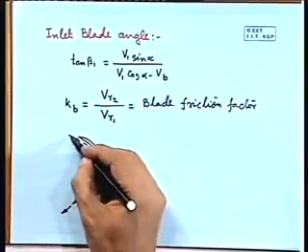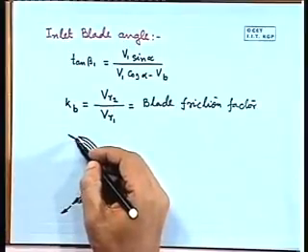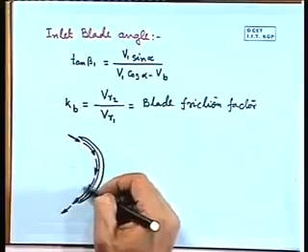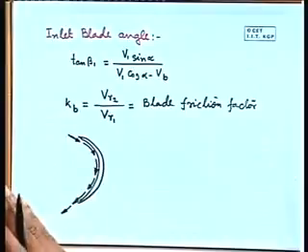Now, if steam is entering like this and going out like this, and I have told in impulse blading there is no change in pressure. So, the pressure is not changing, the height at which the steam is entering, almost at the same height it is going out.